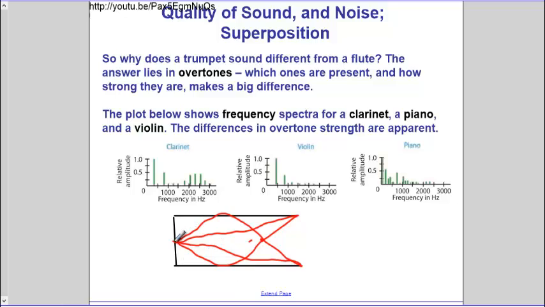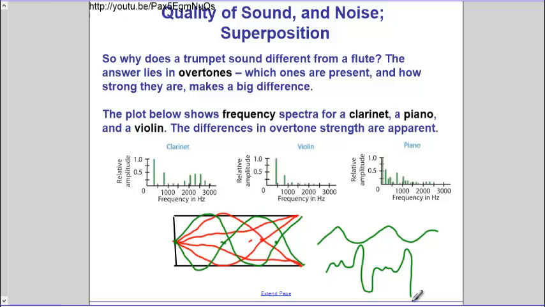You'll get resonance again at 5 times the original value, which is going to look something like that. And when you combine all of these tones together, you don't get pure sine waves. You get very unusual waveforms that look a lot like maybe EKGs.